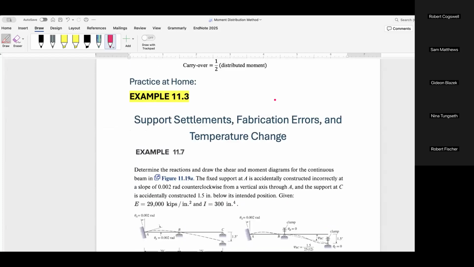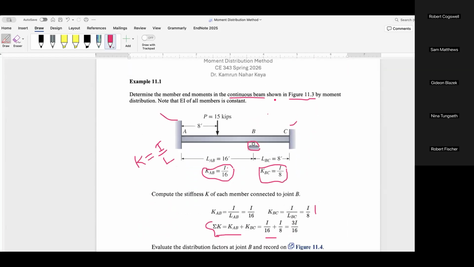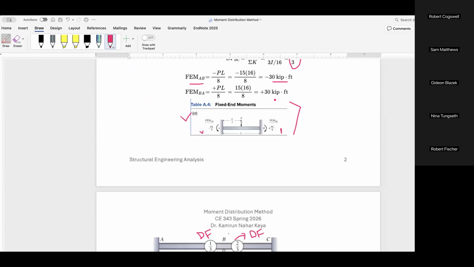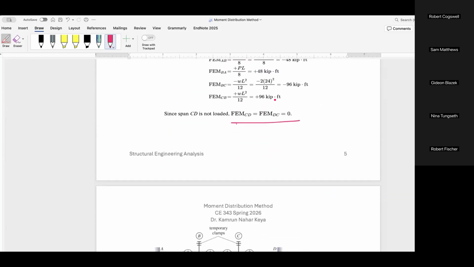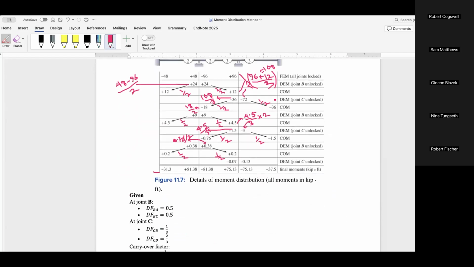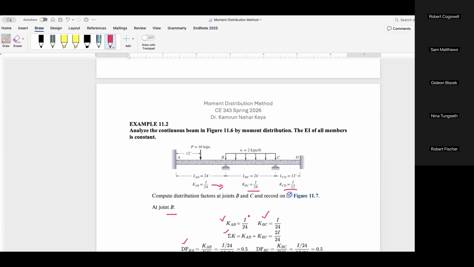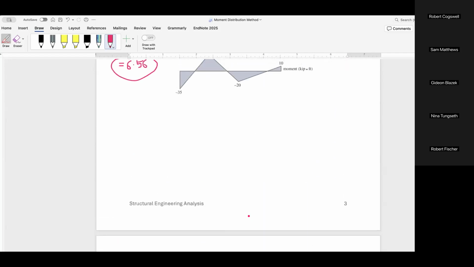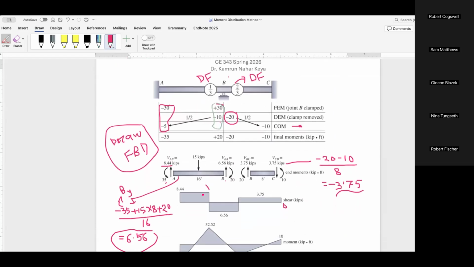Yep. Where is the shear force diagram? Oh, here I didn't show the shear force diagram, but if you have the moment, then again you can draw a free body diagram like the previous one and just compute their forces and draw the shear force diagram and bending moment.